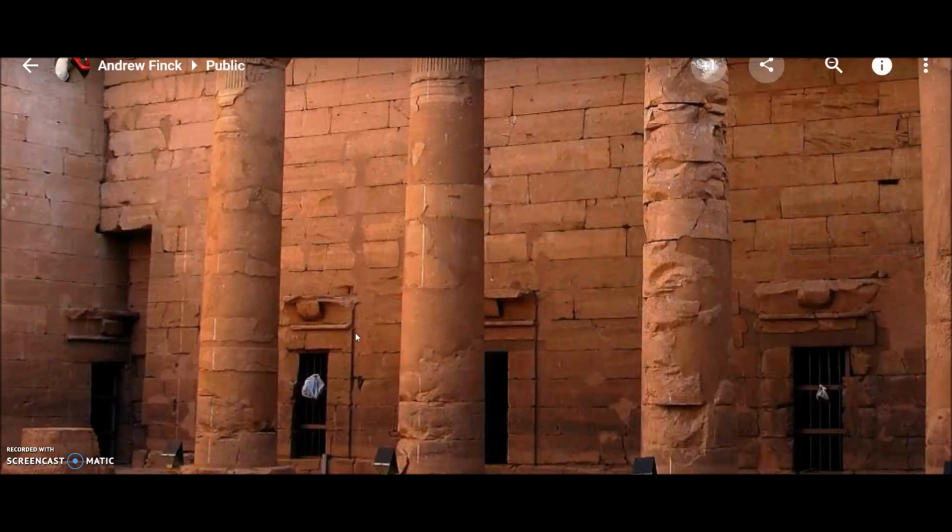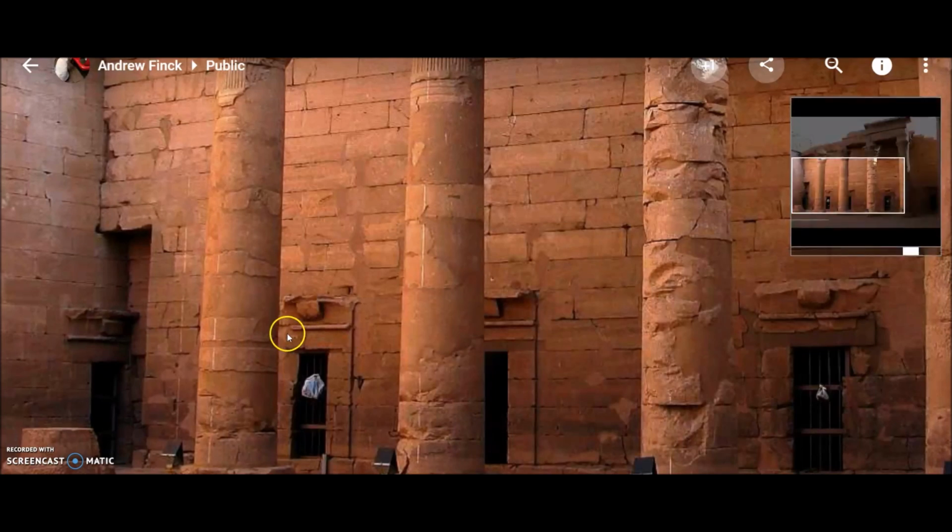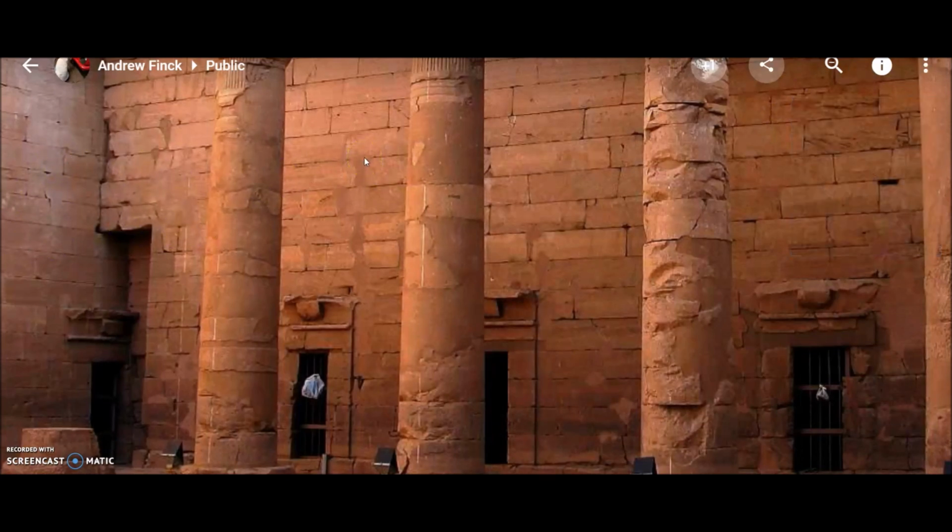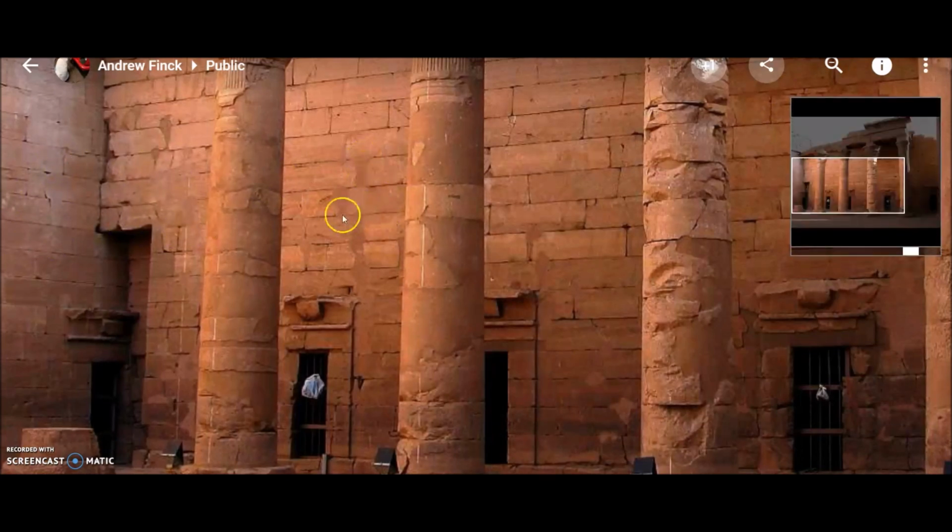Now, what does this imply? I'm not sure. Does this imply that the structure was not finished? I think that could be possible with the bevel line, and that the fact that not all of the structure was finally finished, if that was what they were going for, was a completely finely dressed structure. I can't be 100% about that.